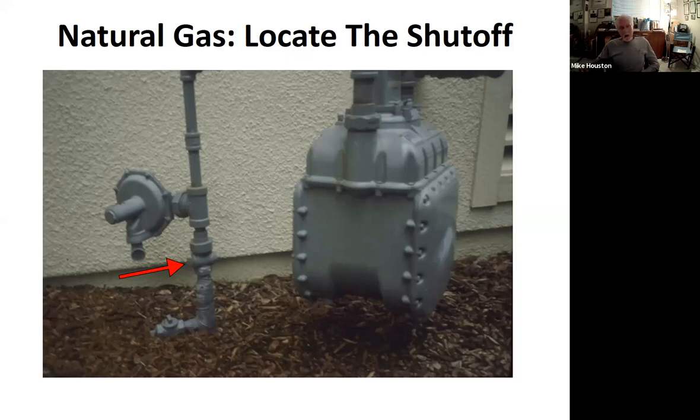And we have to take into consideration if it's a heavily damaged structure. If it's a heavily damaged structure, are we going to get close enough to it to turn off the gas? We have to be thinking about our own safety. So there's several things to consider.